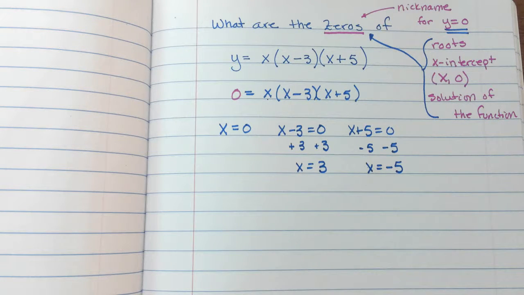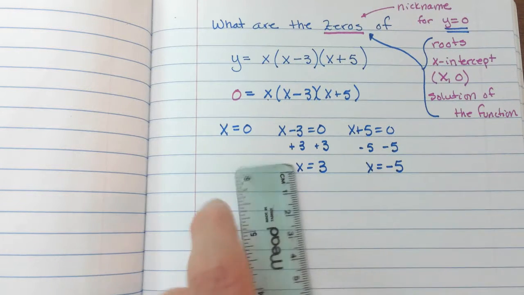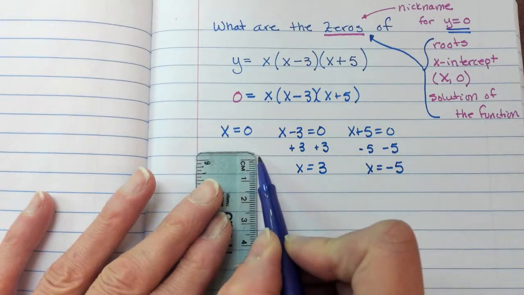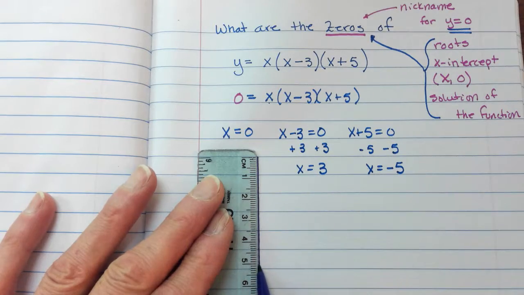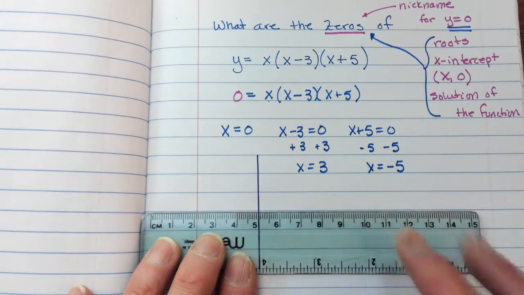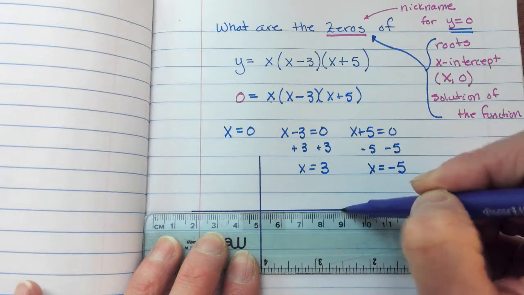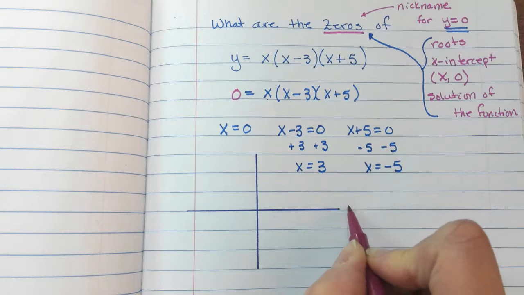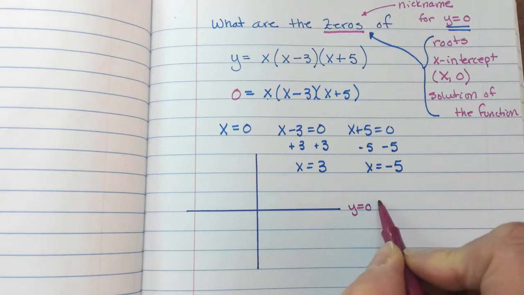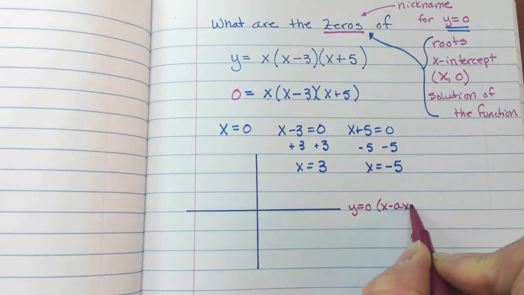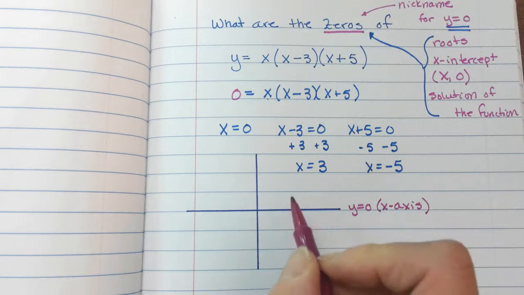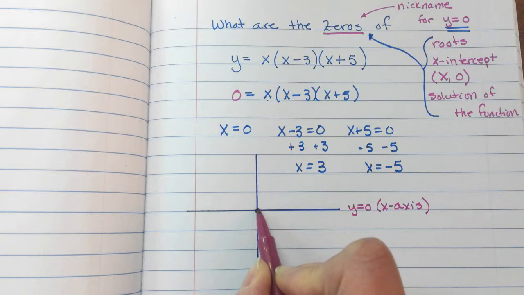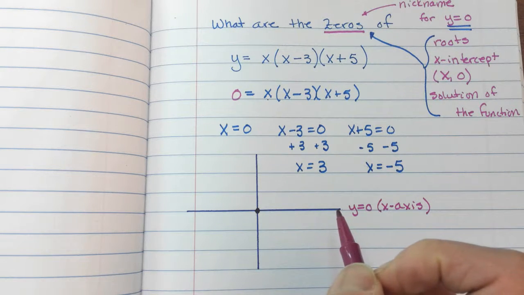So let's go ahead and sketch this out. When I sketch, I need to at least have some semblance of an xy axis. Remember, my x-axis is where y equals 0. So I have x is 0 right here, so that's the point (0, 0).